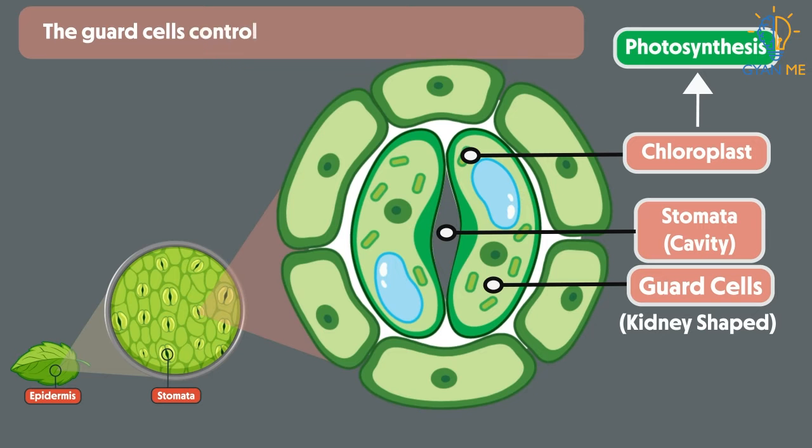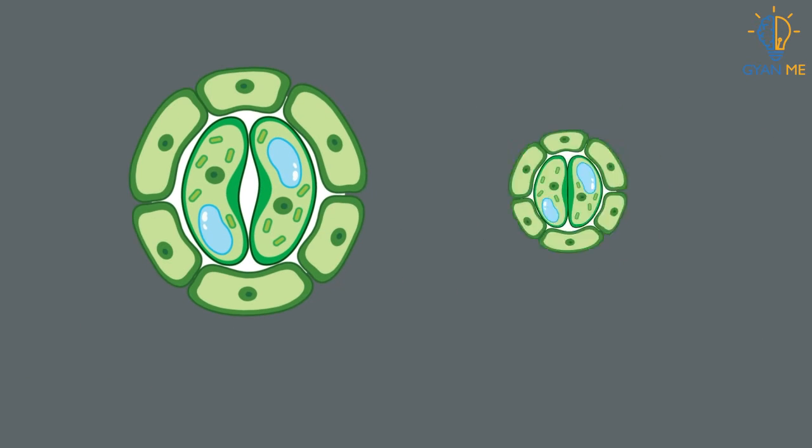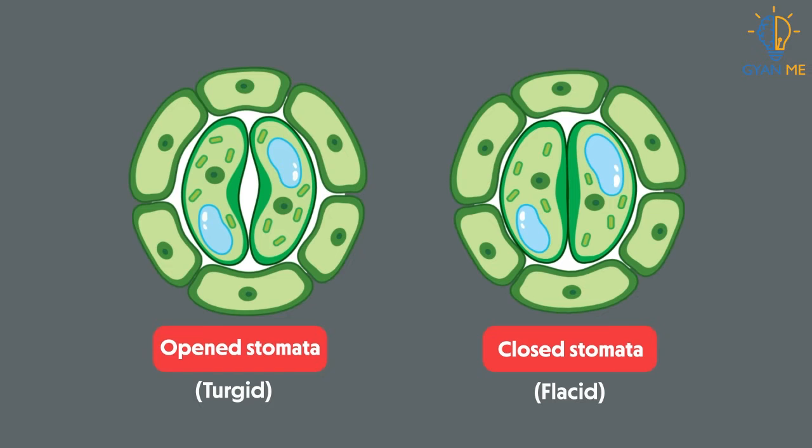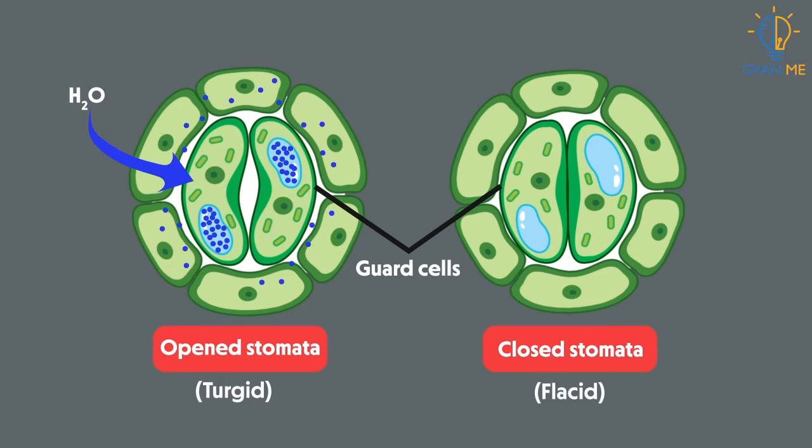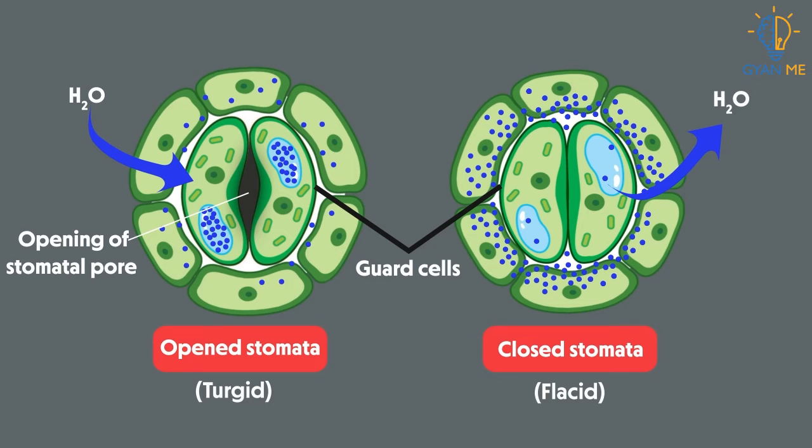These cells control opening and closing of stomata. The cause of opening and closing of stomata is a change in turgidity of the guard cells. When guard cells absorb water, they swell, which causes opening of the stomatal pore. Whereas when water moves out of the cells, they shrink and this closes the stomatal pore.